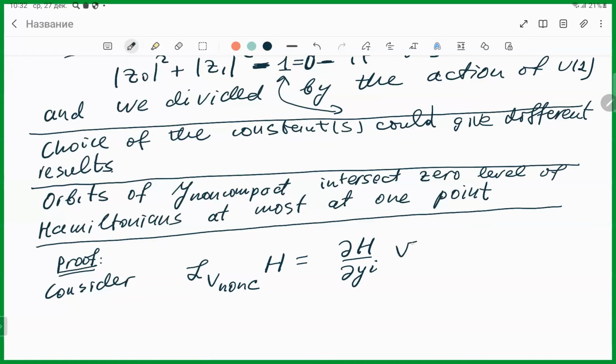So let me show it in the simplest possible case, and I'll generalize later.